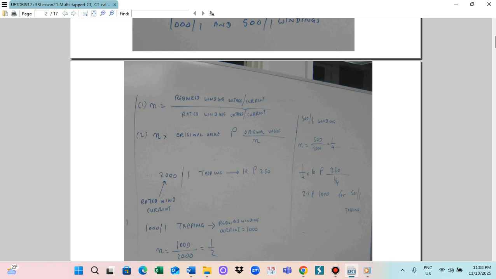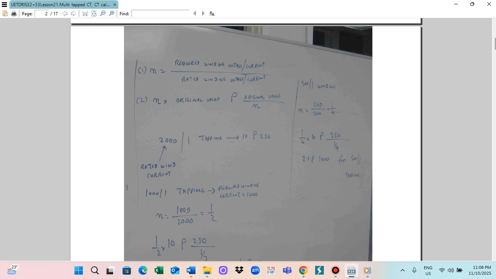This is step 1. Step 2 means N multiplied by the original value of Pn, and the original value of Ps divided by N. So we use this formula.